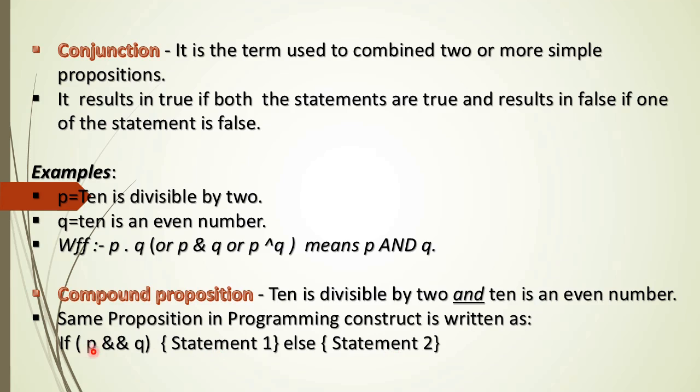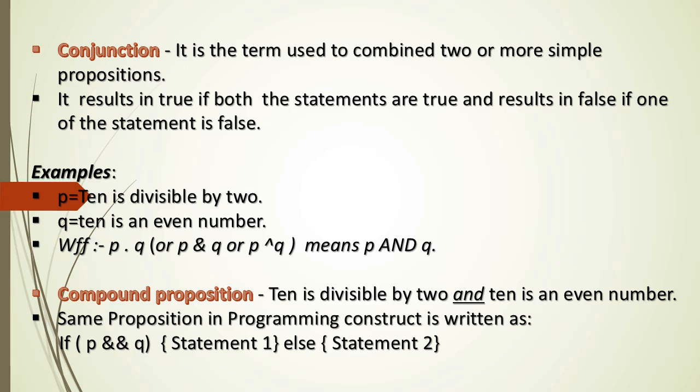That means if condition P, which is proposition P, and condition Q, which is proposition Q, both the statements are true, then statement 1 will be performed, else statement 2 will be performed. So we can see conjunction is a term which results in true if both the statements are true, and results in false if one of the statements is false.